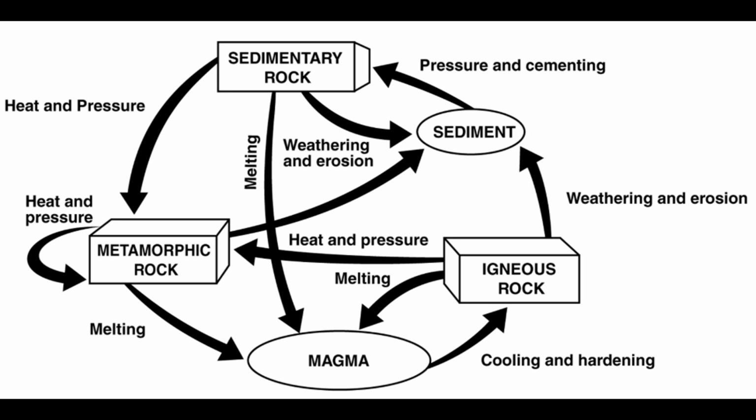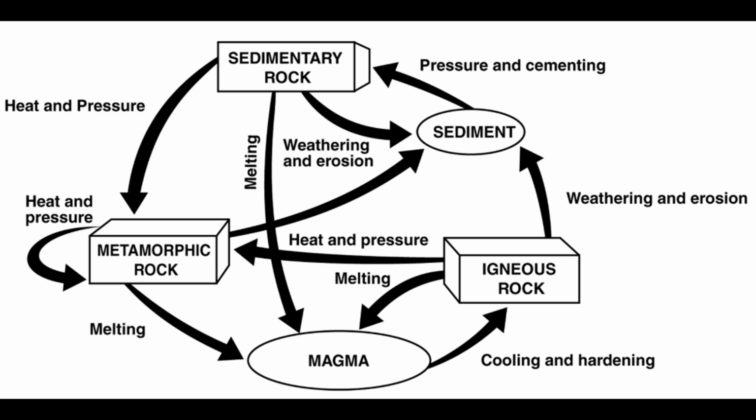And the igneous rock at times breaks down by weathering and erosion, and it forms different sediments. Then after a long while, those sediments start to come together, and by pressure and cementing, they form sedimentary rocks. So remember, from igneous rock that comes from volcano, which is magma and lava, you have sediments.